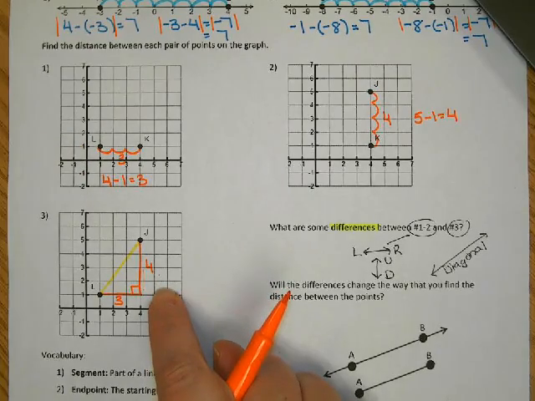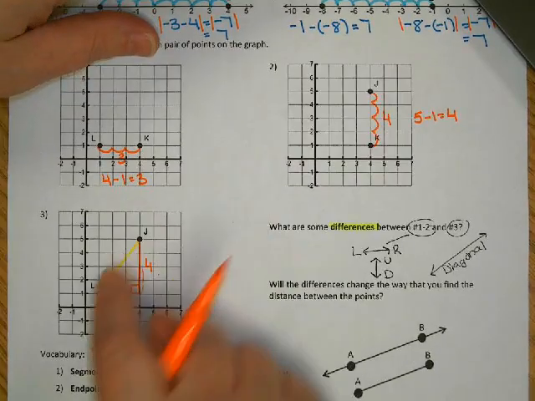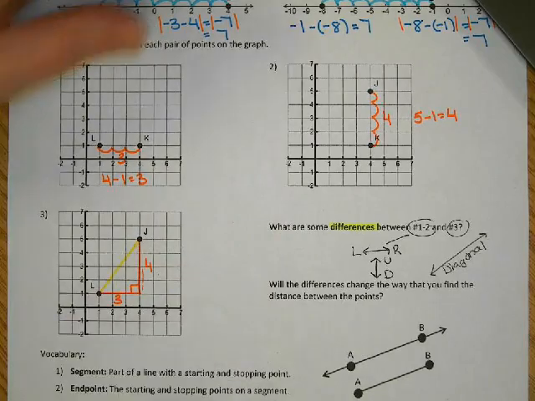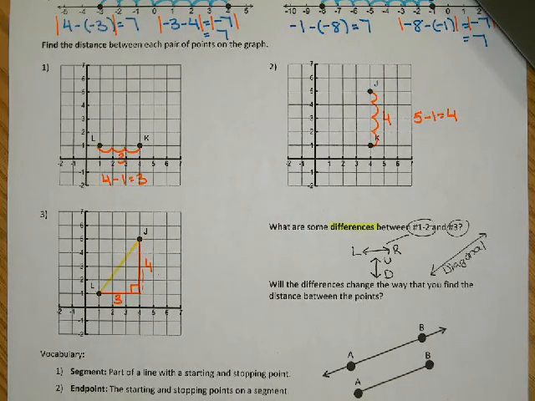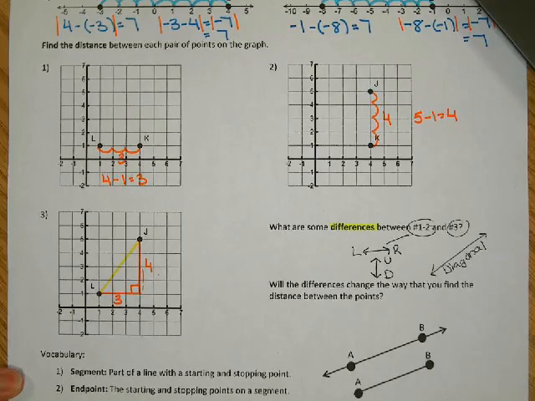All right, so now that we have a right triangle, can we find the length or the distance between L and J? Yes, how? Not quite 4 plus 3. Close.